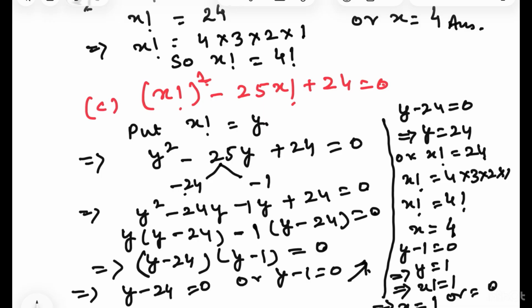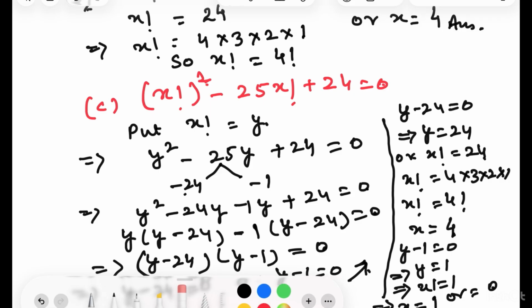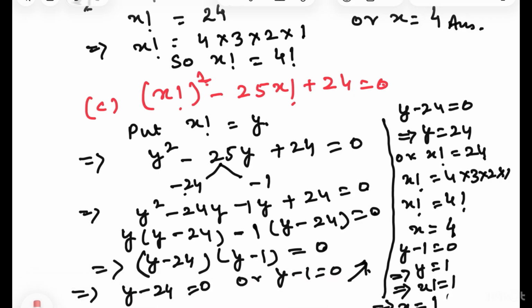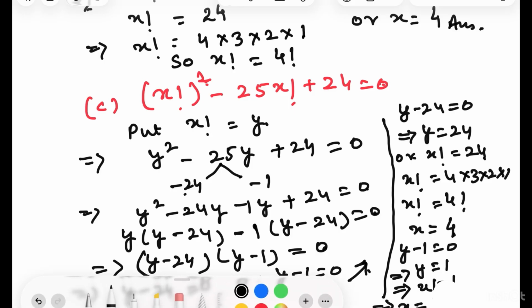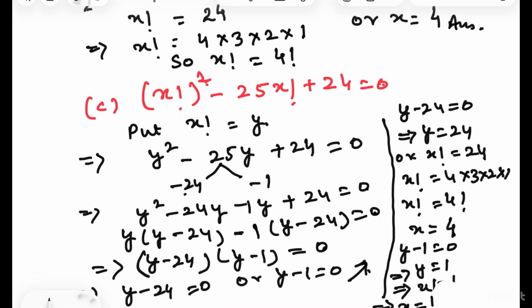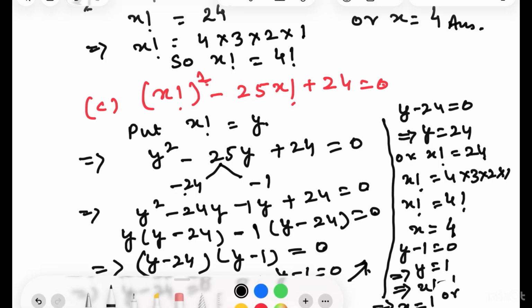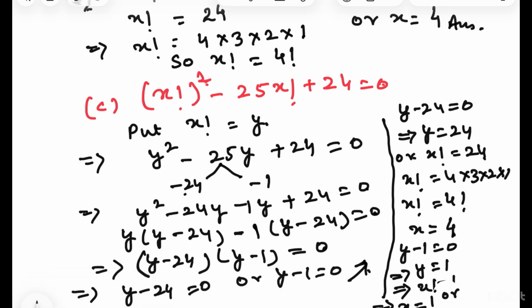But y is equal to 1 implies x factorial is equal to 1, and this means x is equal to 1 or x is equal to 0. But x is equal to 0 not possible.